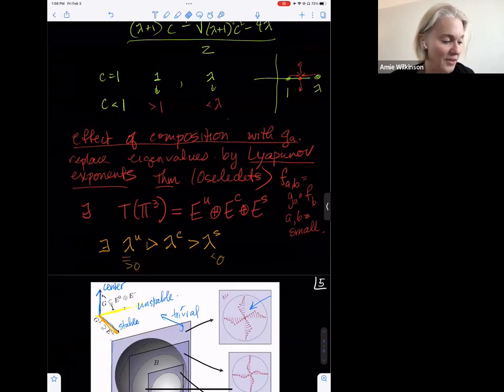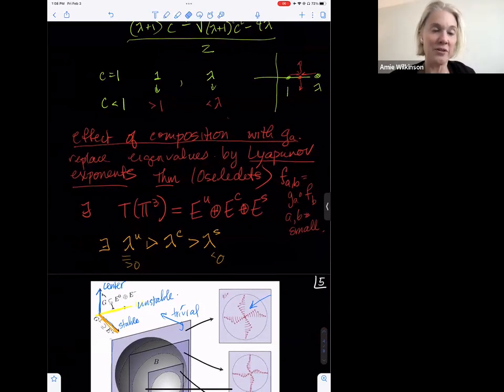And the fact that this center exponent is non-zero is actually stable if you perturb further. You can show that it's because it's an integral of a continuous quantity over a foliation that varies continuously. And so you get a diffeomorphism that has this Bernoulli property, this ergodic theory property, and it remains that way under perturbations. But it's not an Anosov diffeomorphism.